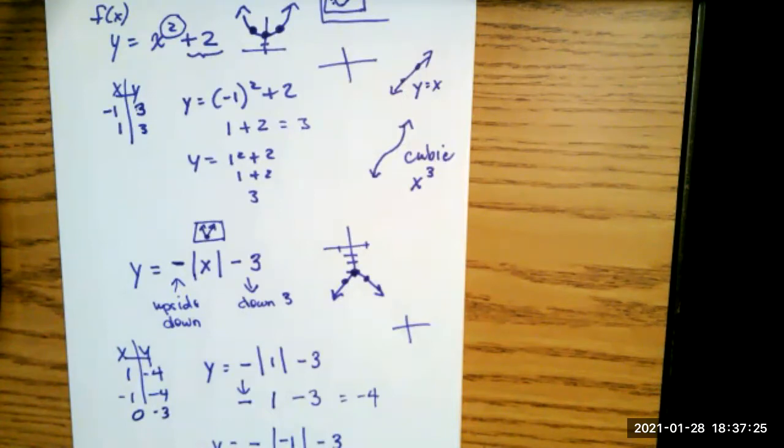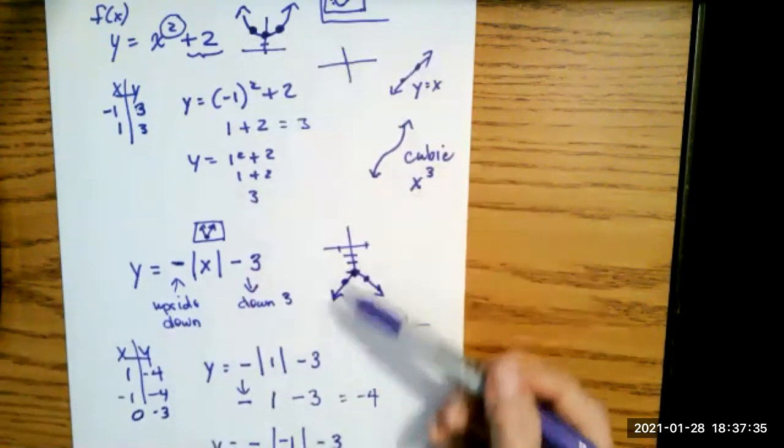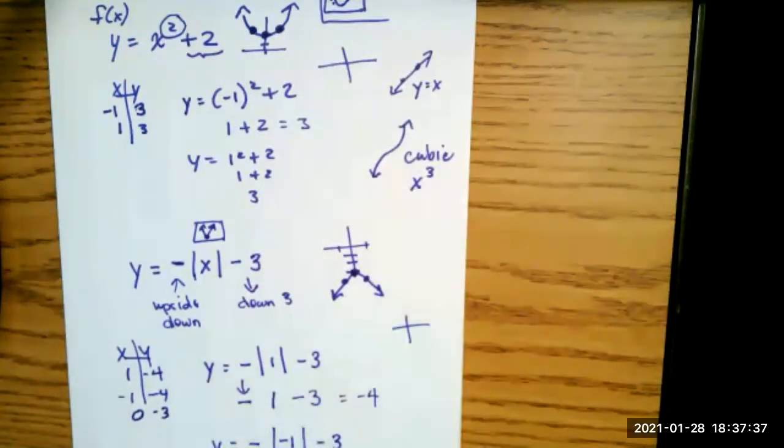We've also talked about rational ones, and we're going to talk some more about those. But let's just talk about domains, since that's one of the things we talked about last time. What is the domain for every one of these kinds of function graphs? The line, the parabola, the cubic, and the absolute value. What is the domain? Your x. All real numbers.